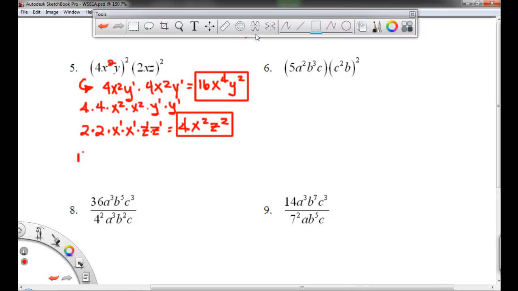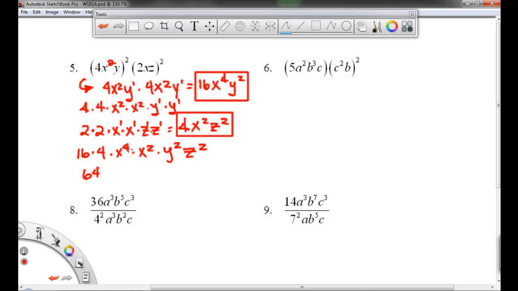So 16 times 4, then I have x to the 4th times x squared, and then I have y squared times z squared. 4 times 16 is 64. x to the 4th times x squared: remember, I add the exponents.